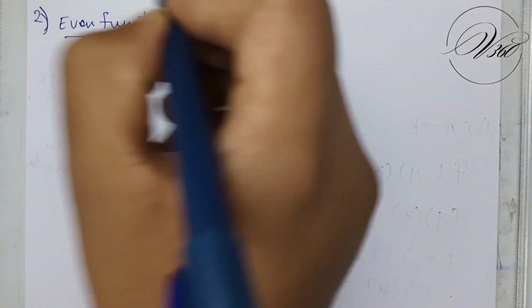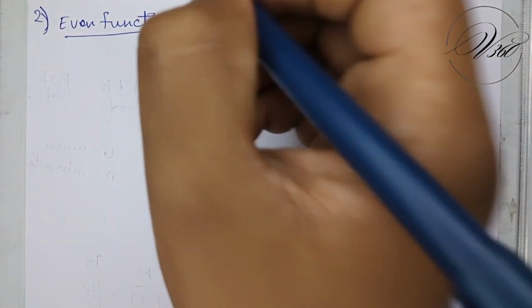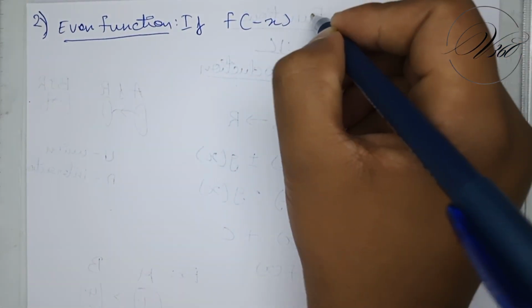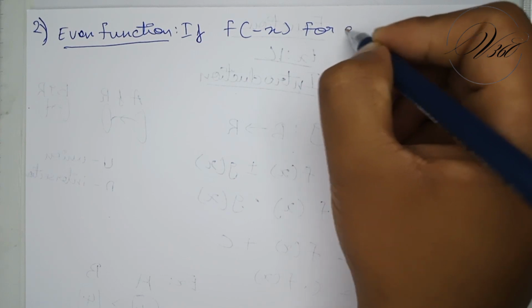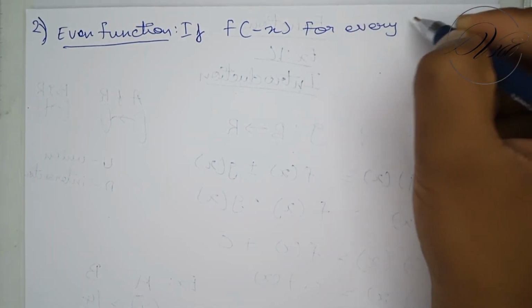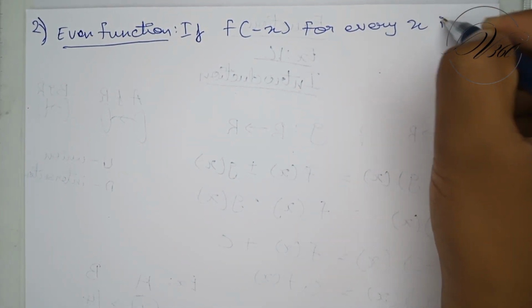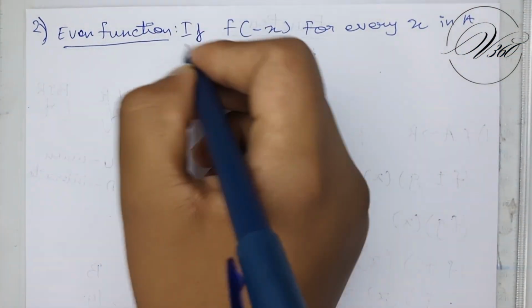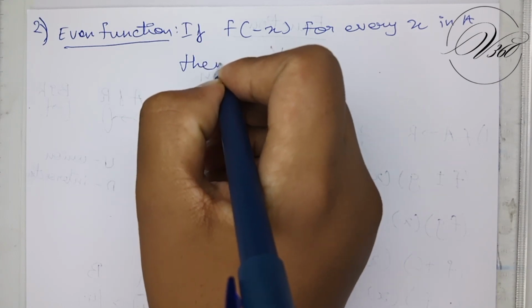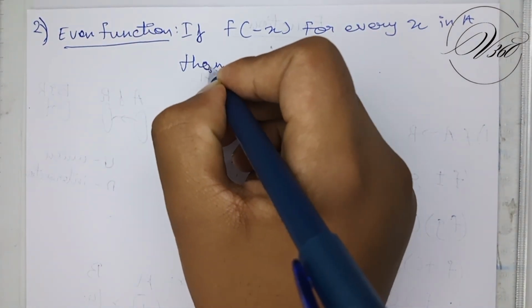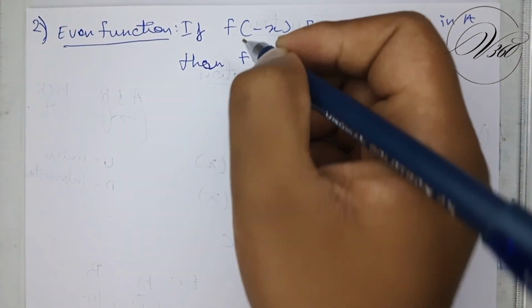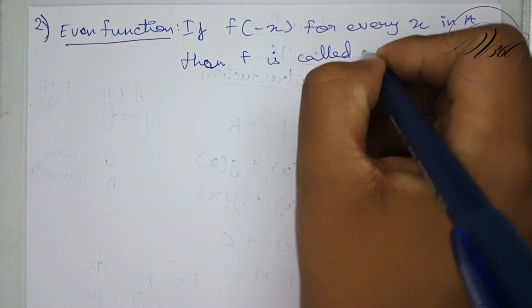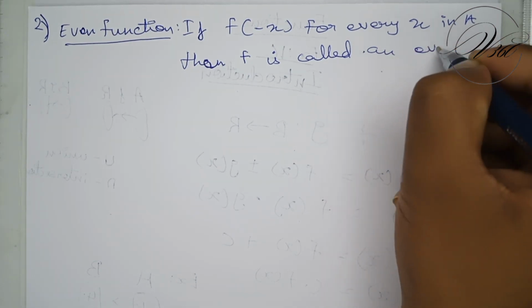Even function is nothing but if f of minus x, for every x in A, then f is called an even function.